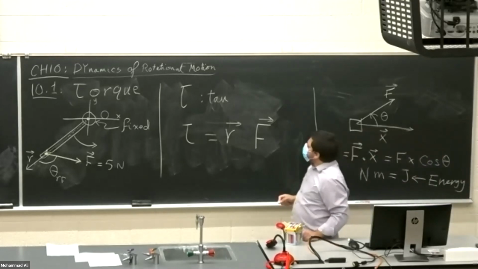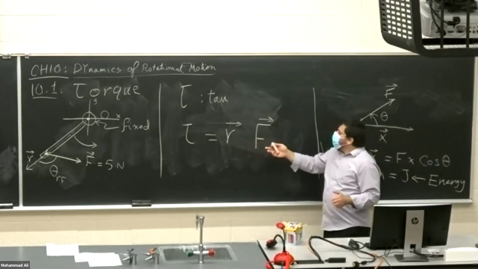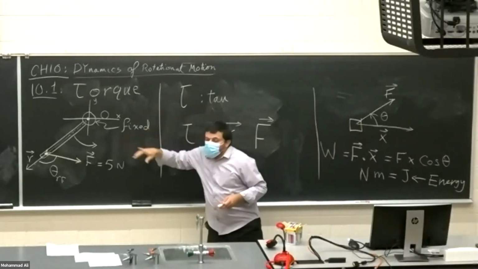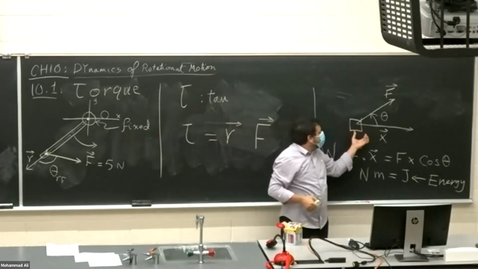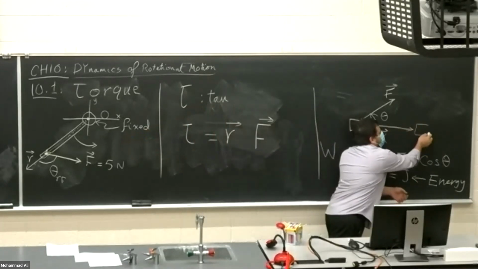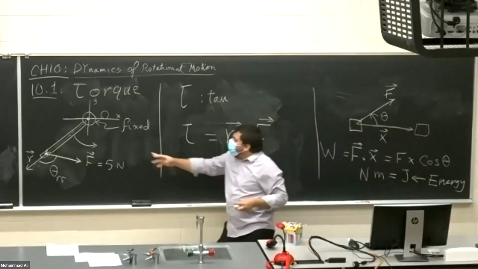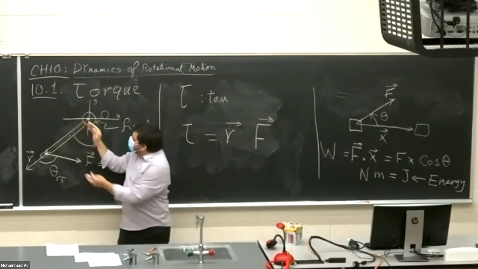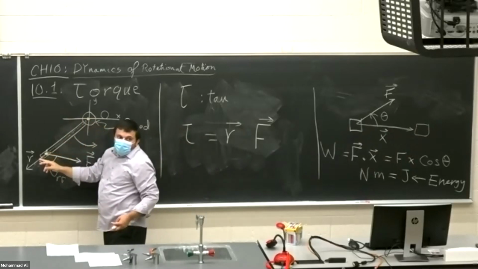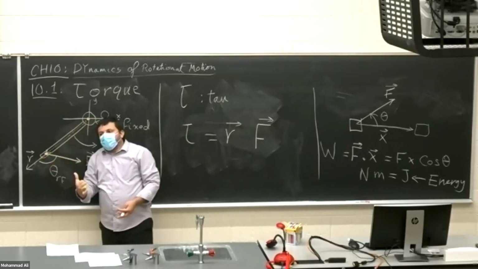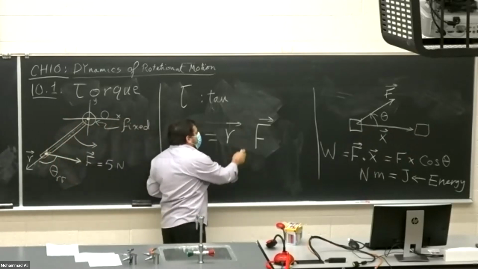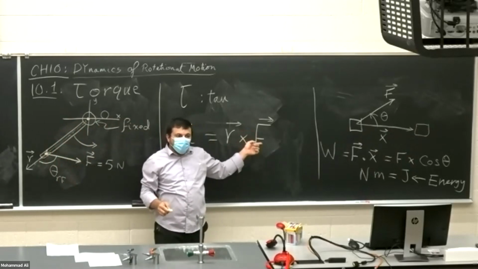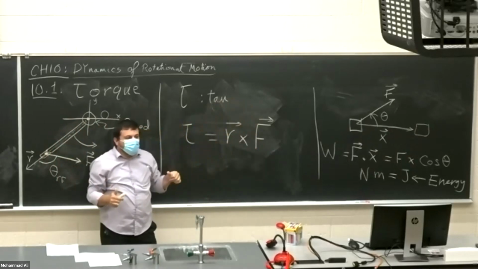Now we have a distance, it is r. Be careful: x is the distance the object moves, but the object will not move this distance r. The object length is r. It is the dimension of that object. Now the relation between them is a cross product, or vector product, if you remember from the first lectures.